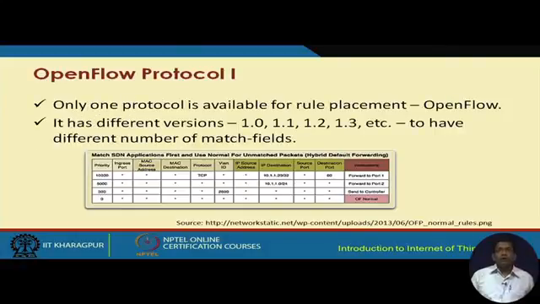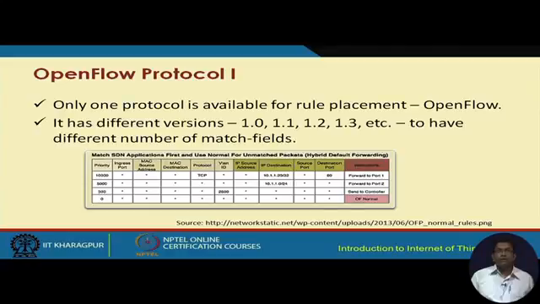So, in the OpenFlow protocol, rule placement is one of the vital things. Only one protocol is available for this rule placement, which is the OpenFlow protocol, and it has different versions: 1.0, 1.1, 1.2, 1.3.